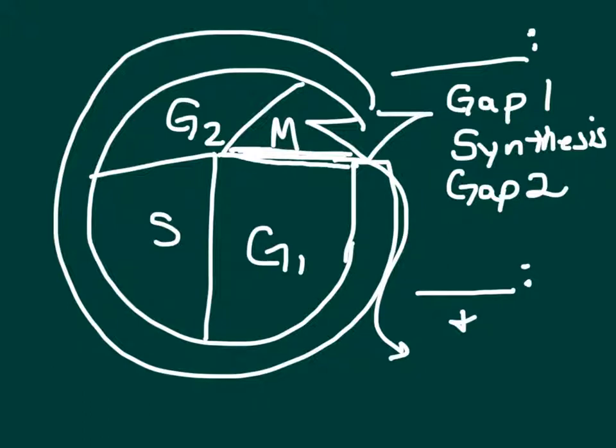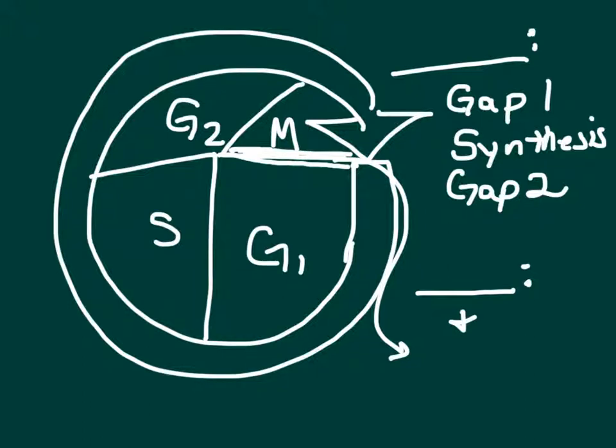So in gap 1, it's cell growth and differentiation. Differentiation is just the biological term for a cell getting its assignment and then performing the assignment. So what I mean is a liver cell is told that it's a liver cell, and then it goes about being a liver cell, doing what liver cells do.